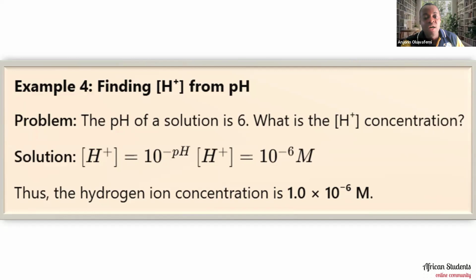So if I'm given the pH and I'm looking for the hydrogen ion concentration, I just need to do a reverse logarithm of the pH value. When I do that, I get a hydrogen ion concentration of 1.0 times 10 raised to the power minus 6.